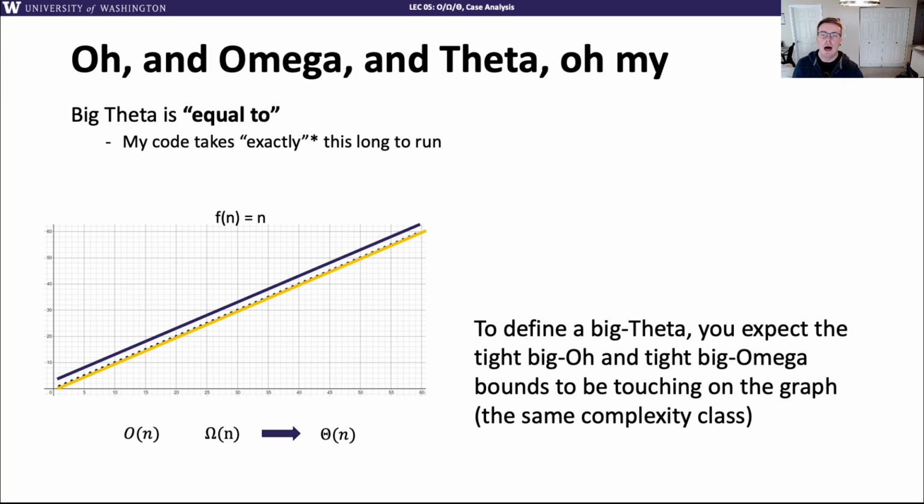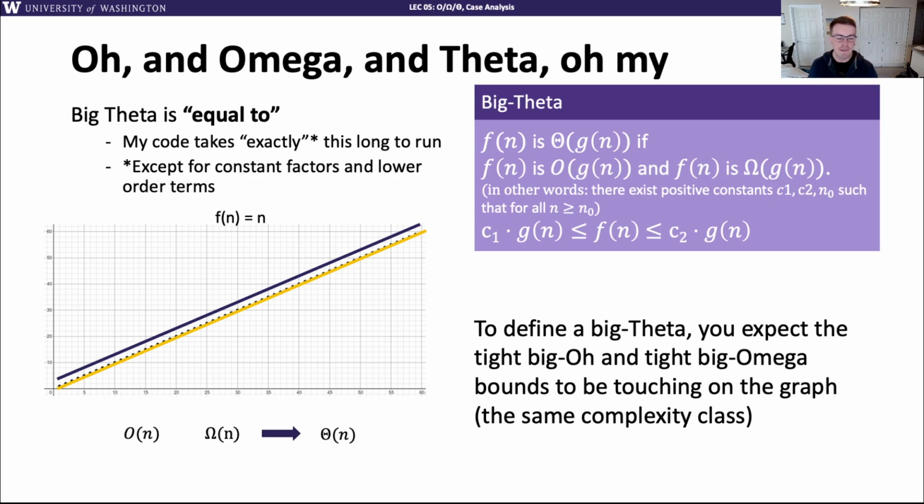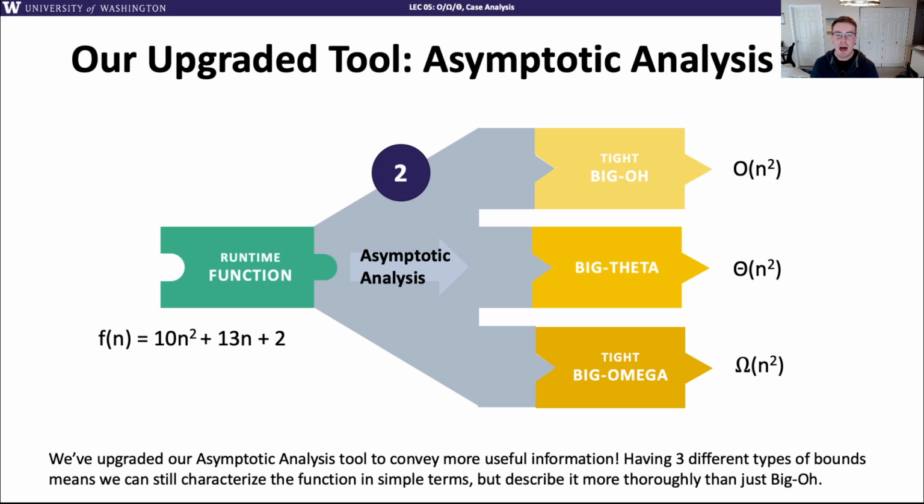This is just me showing the definitions again. So now we have upgraded our asymptotic analysis tool. Instead of just having big O, we now have a choice. You can report the big O, or the big omega, or big theta. And remember, since big O and big omega are upper and lower bounds, usually people prefer the tightest possible answer, so you don't just give a lame answer like this really big number.